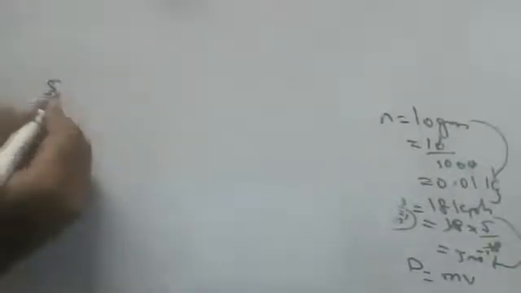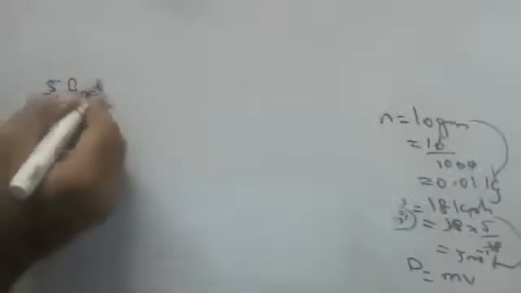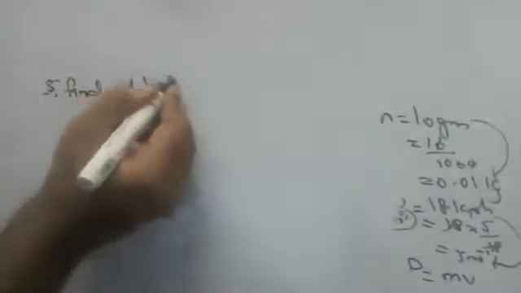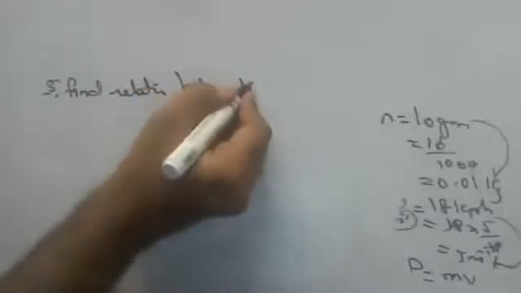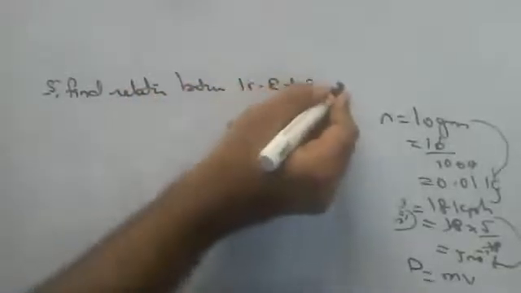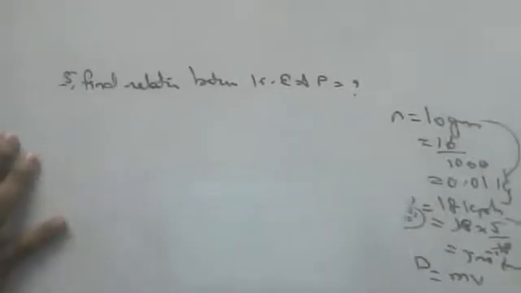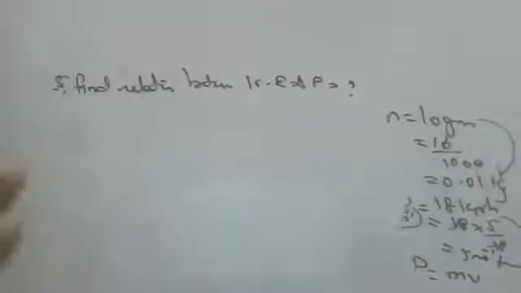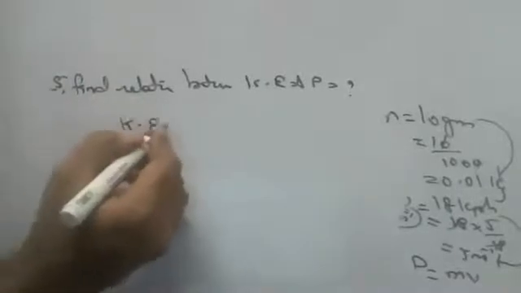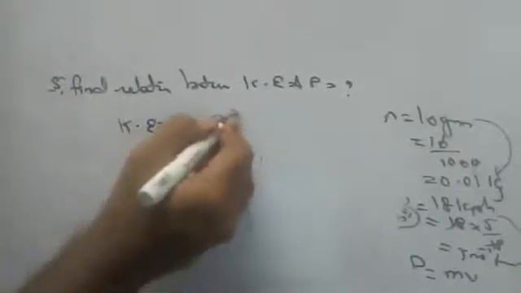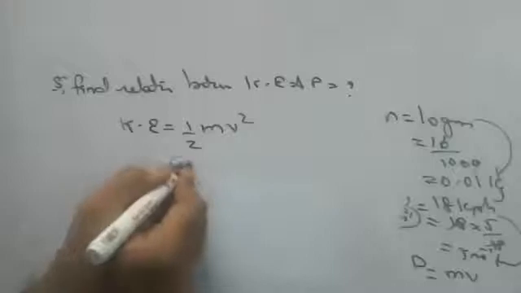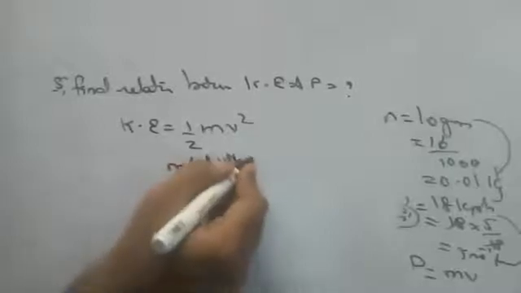One more sum. Sometimes they ask, find the relation between kinetic energy and momentum. It won't take that much time, just for your understanding. Kinetic energy is equal to the formula half mv square. Multiply and divide with mass m.